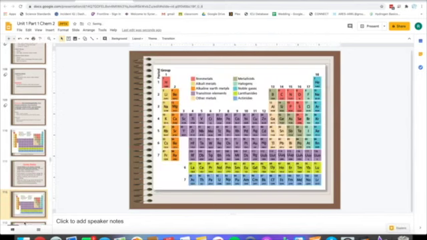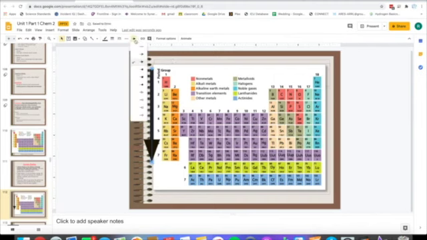So if we were to draw arrows for this, the atomic radius goes down, and it goes across.